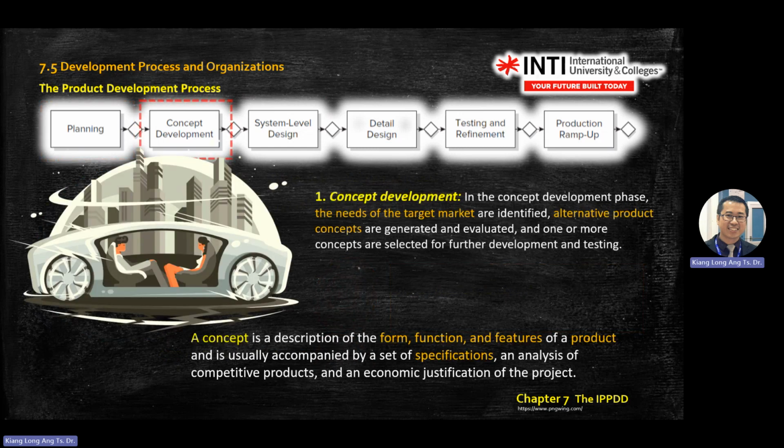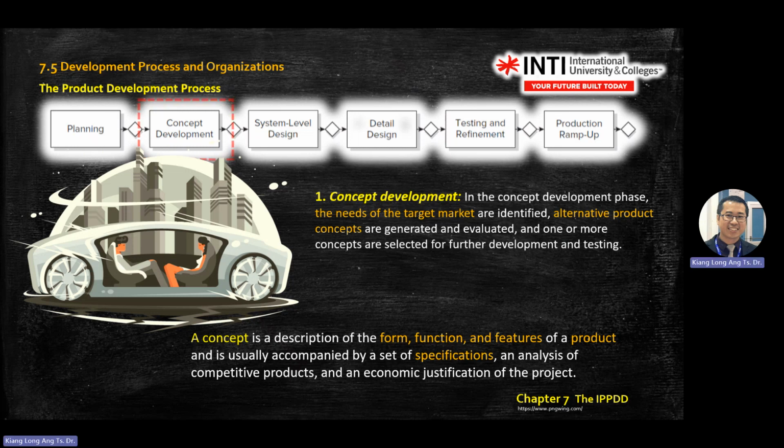Concept development is just developing the overview of what you want. It's just a concept. A concept is a description of form, function, features of a product, and usually you will have a set of specifications, analysis of competitive products, and economic justification of the products. So this is just an overview of what you want to do.